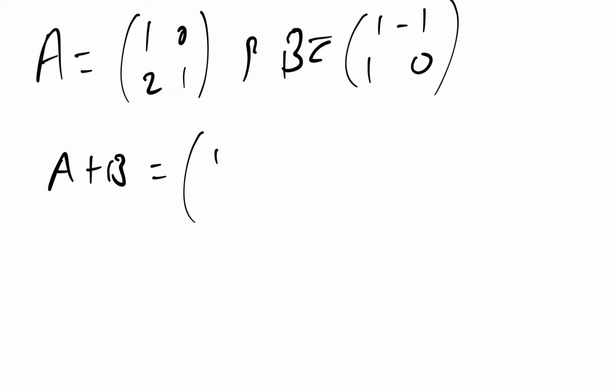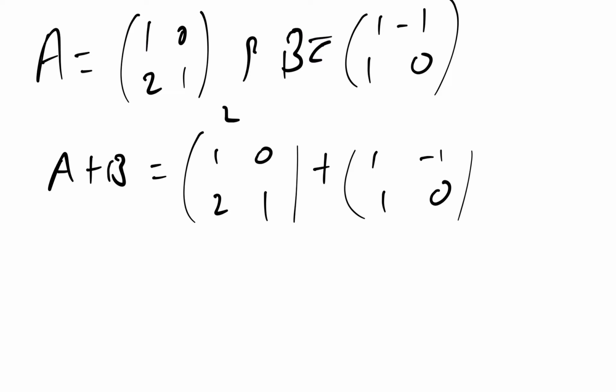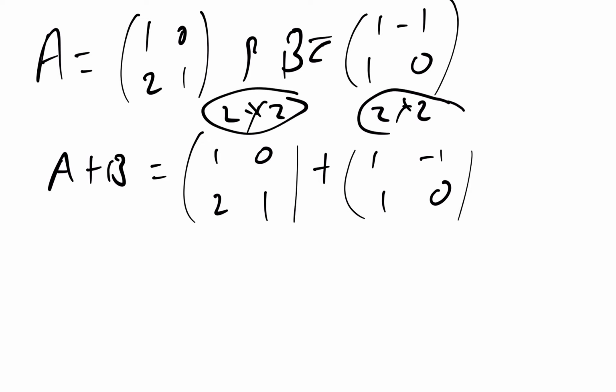So we have 1, 0, 2, 1 plus 1, negative 1, 1, 0. This is a 2 by 2 matrix, the first one. The second one is also a 2 by 2 matrix. So since the orders are the same on both matrices, we will continue with matrix addition.